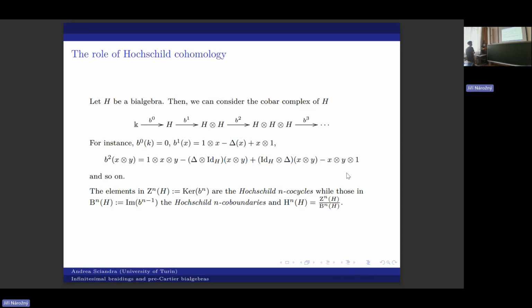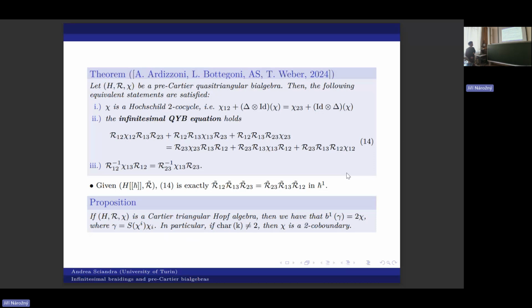The kernel of the Bn maps are the so-called Hochschild n-cocycles, while the image of B(n-1) are the n-coboundaries. And we can also consider the cohomology groups. And what we have is this. If we start with a pre-Cartier quasi-triangular bialgebra, the following statements, which are equivalent, are satisfied.